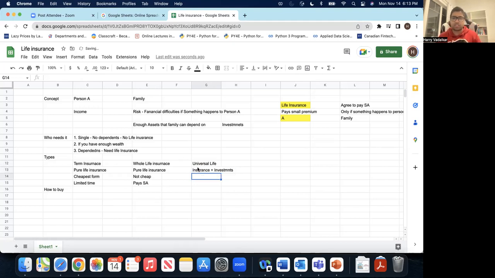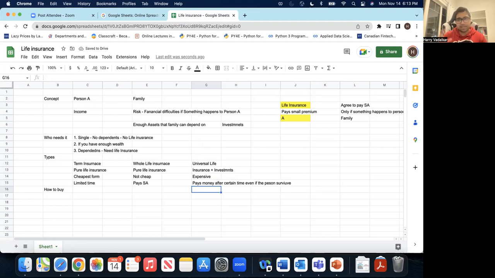It is very expensive, but it pays money after a certain time, even if the person survives, because it has an investment component to it.